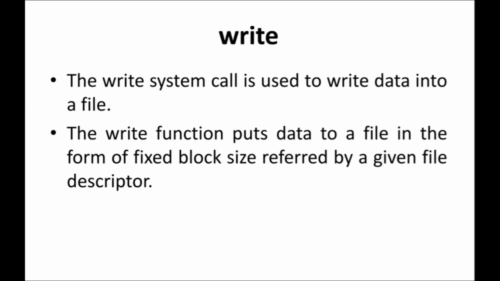That means the size is fixed. While writing the data also, I am writing in the form of fixed blocks, some predefined size block. Here also, for writing, I need a file descriptor because I need the address of a file. For reading also, I need a file descriptor.